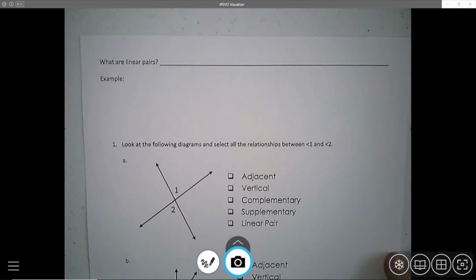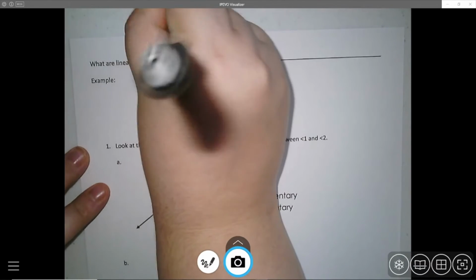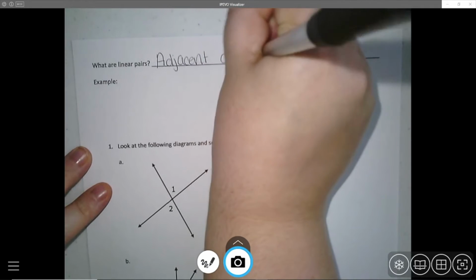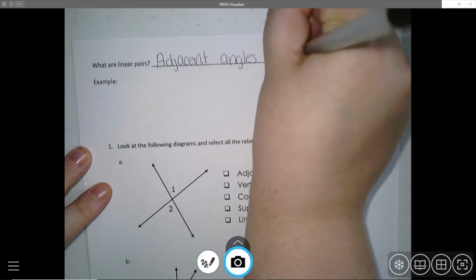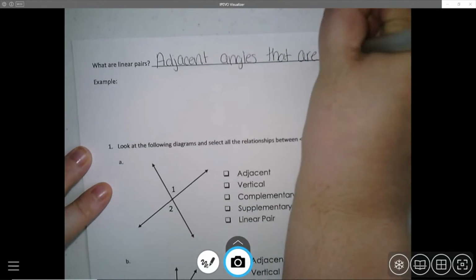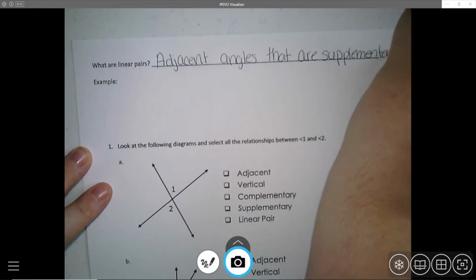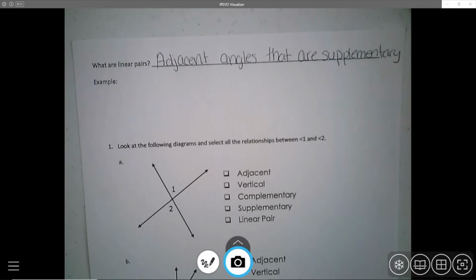Okay, the last one, linear pair. Linear pair and vertical angles are going to show up again when we get into later units.